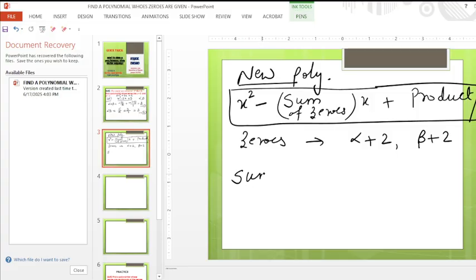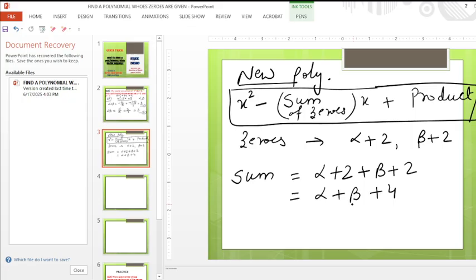Sum of zeros for the new polynomial is alpha plus 2 plus beta plus 2, which is alpha plus beta plus 4. Alpha plus beta came out to be 2 earlier, so 2 plus 4 gives 6.